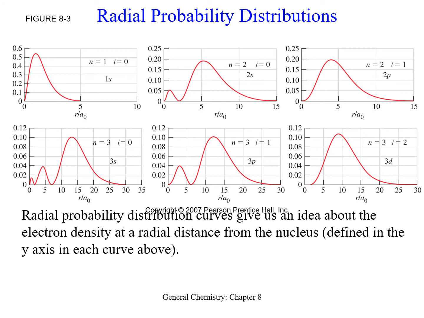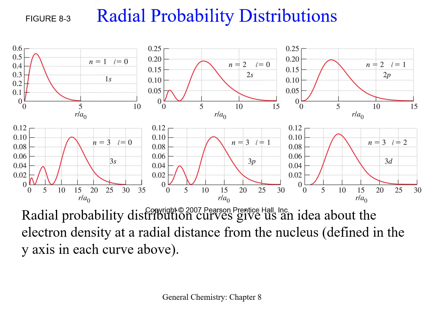The second one, you can see we're at n equal to 2, and we have the 2s, so this would be the radial probability of the 2s electrons, and you can see that its maximum probability is further away from the nucleus than the 1s orbital.